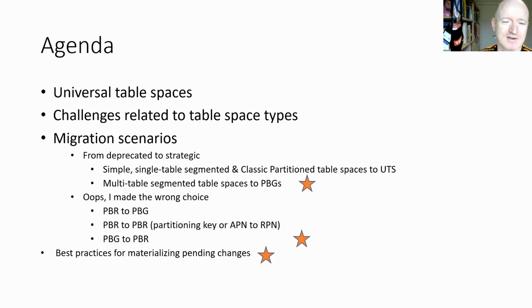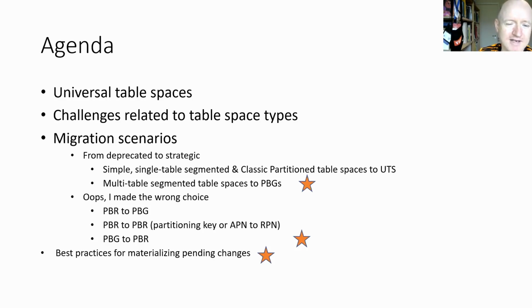And there are variations of that. For many years, we have been able to migrate from the simple, the single table segmented, and the classic partitioned to UTS. More recently, it's now possible to migrate from multi-table segmented tablespaces to PBGs. So I'll focus a bit on that today.